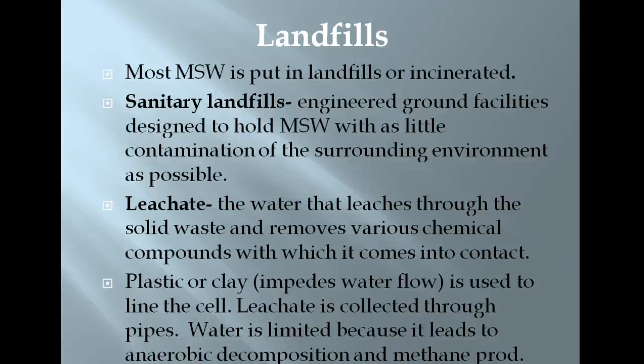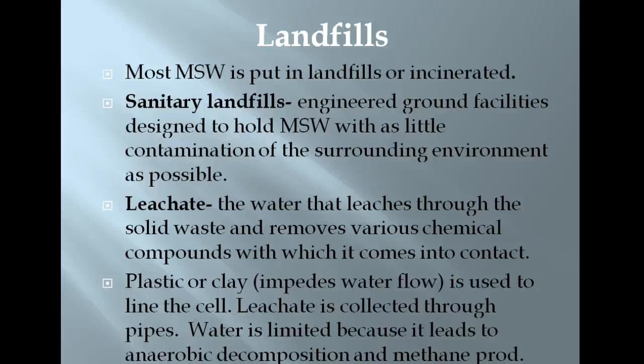Over time, as the trash is being put in there, the leachate or the trash juice is collected in pipes. Water is limited as far as trying to let it get in there. If it rains, that's why the topography is important, because hopefully the rain will run off the sides and not into the landfill.